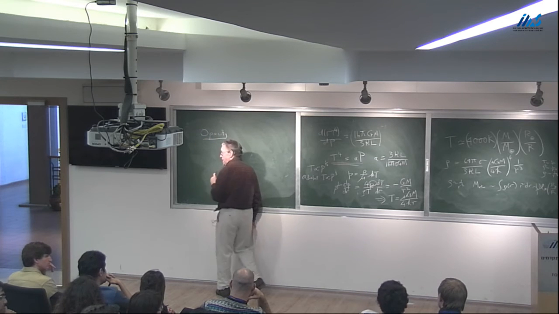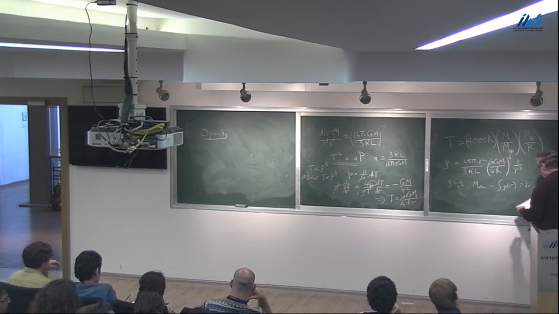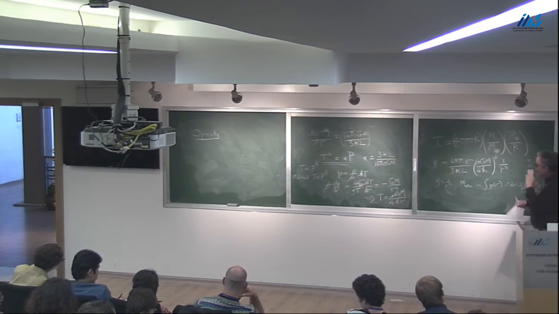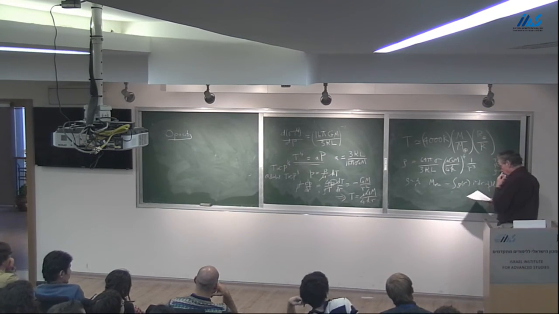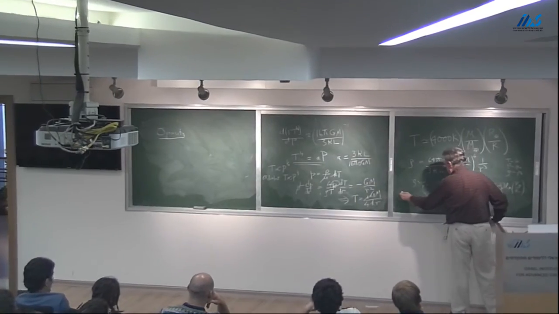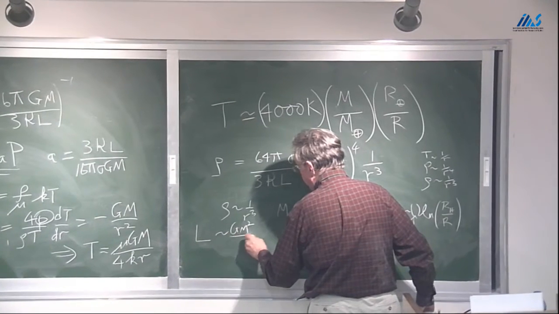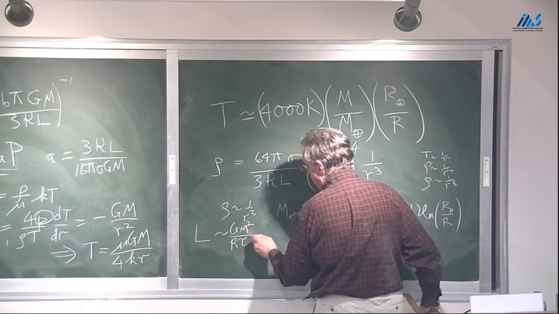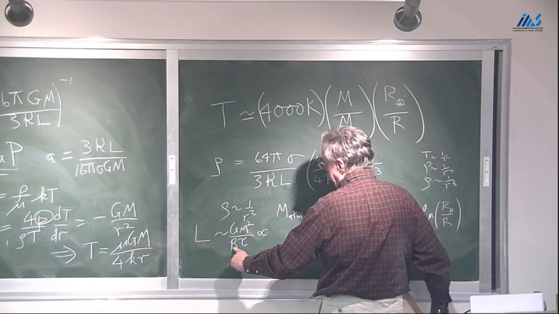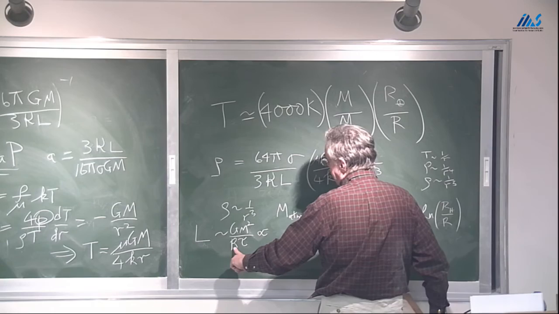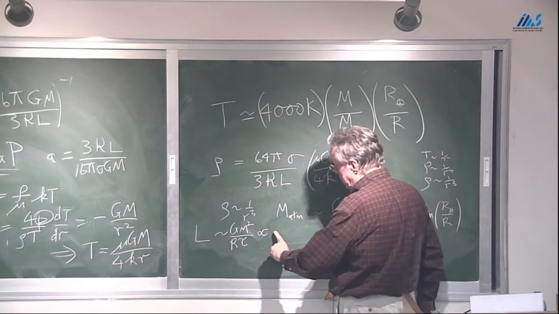So let me just say a little bit about opacity. Oh, before I do that, I'm not going to go through all the numbers, but let me just simply point out that if I assume that the luminosity goes like G M squared over r times tau, I've got M squared here, I've got an r here, which is like, say, mass to the 1/4, once I get up to things that are like 10 Earth masses, as I talked about yesterday.